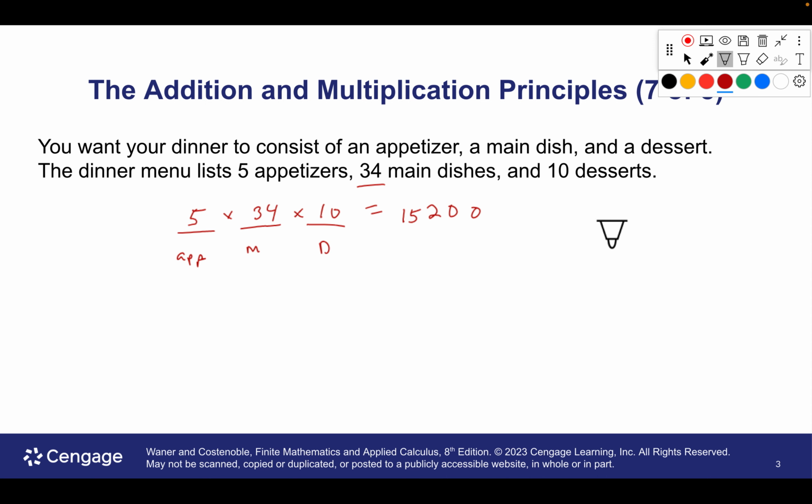Oh, probably had to carry the 2. See, that's why I don't trust myself. Okay, 17,000 even, because that 2 got carried.